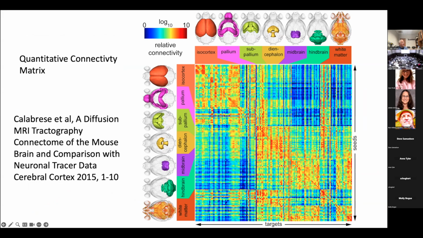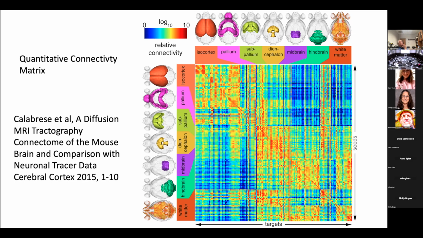And each entry here is the strength of connectivity between one region of interest and the corresponding region along the axis above. You can see that we go over about 8 or 9 orders of magnitude. The red are the very highly connected. Each dot, each entry here is an edge. The strength of that edge then tells us how well connected that is.